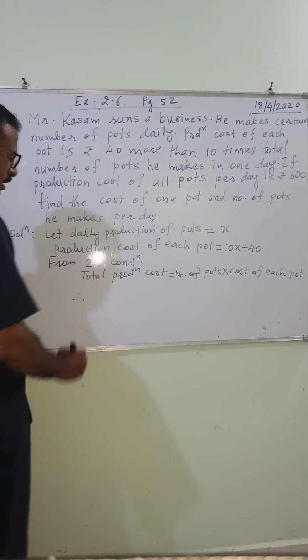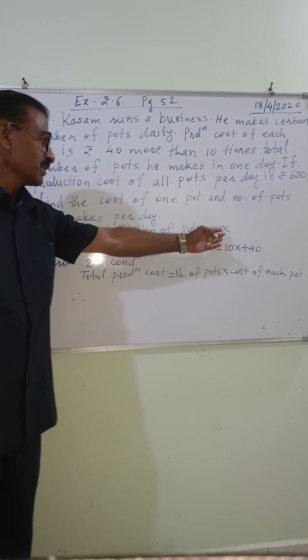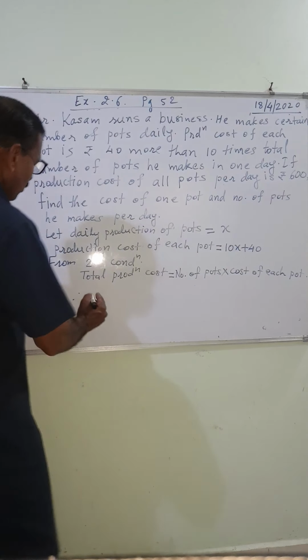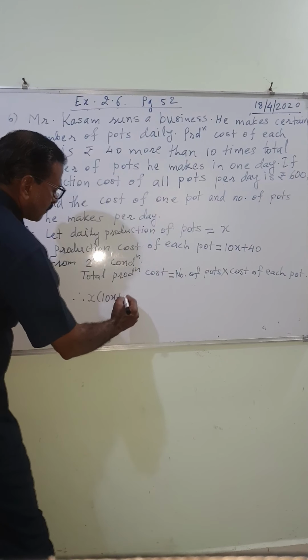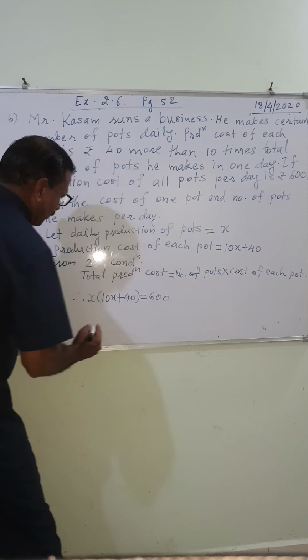That total production cost is how much? 600. The number of the pots how much? X. What is the cost of each? 10x plus 40. Therefore, x into 10x plus 40 is equal to 600.